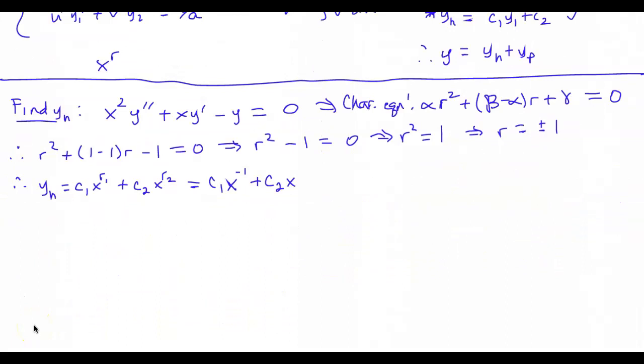All right, so now that we found what our homogeneous solution is, we need to find out what our particular solution will be. And again, we're going to do this the traditional way, okay? So we're going to find out y sub p. And of course, let's recall that y sub p here is going to be of this form, okay?